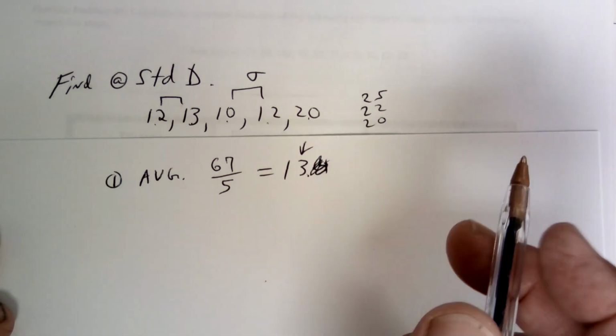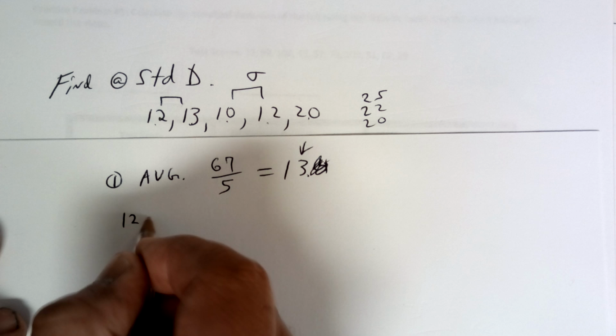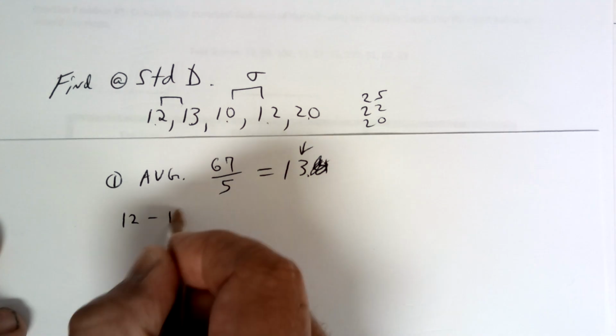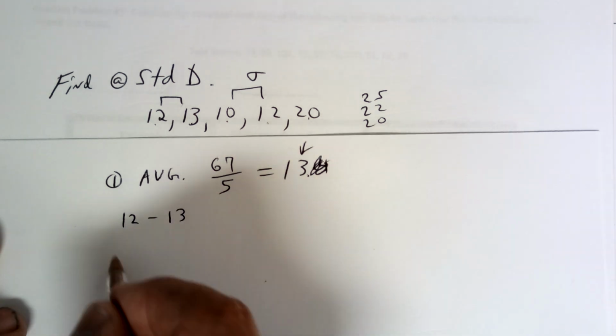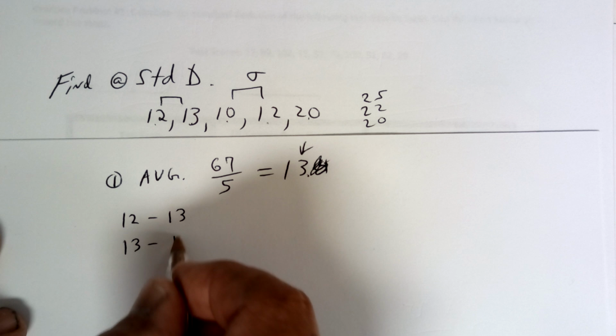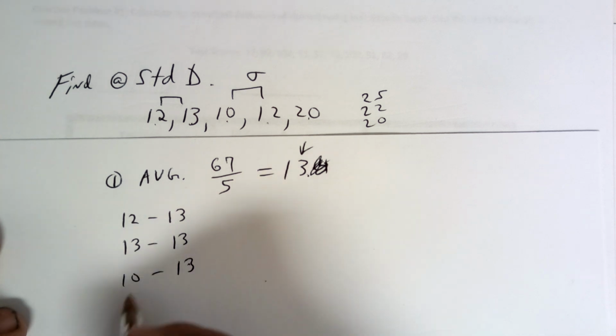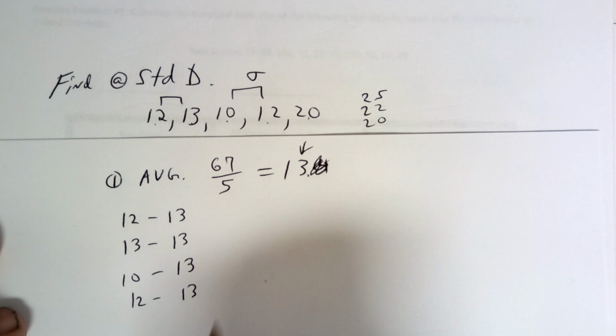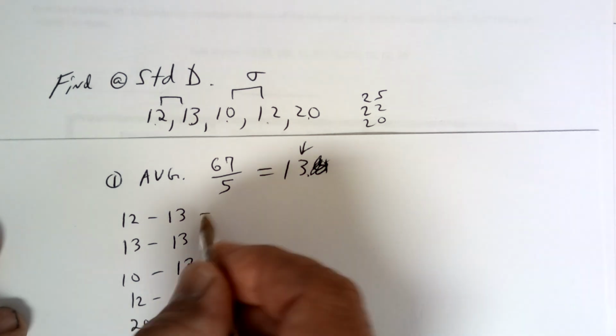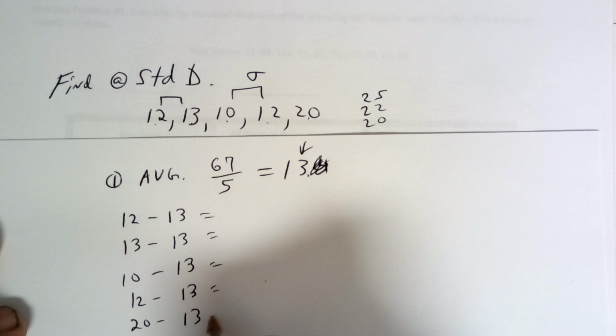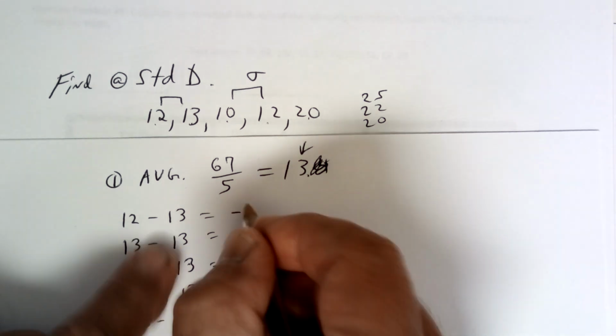Okay, so we're going to take 12 minus 13. 13 minus 13. 10 minus 13. 12 minus 13. And finally 20 minus 13. Let's see what these are. This is a -1. This is 0.